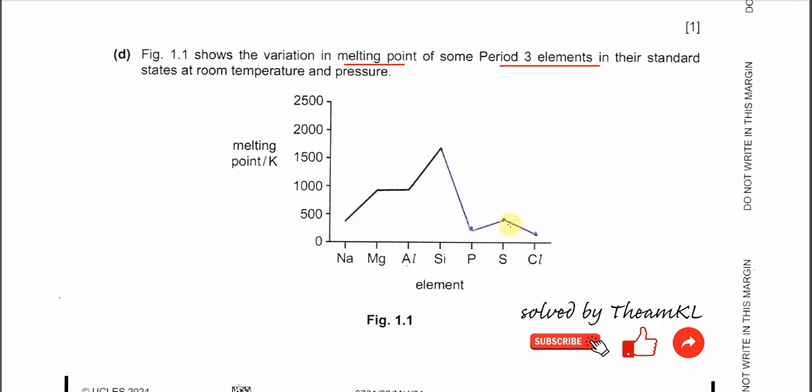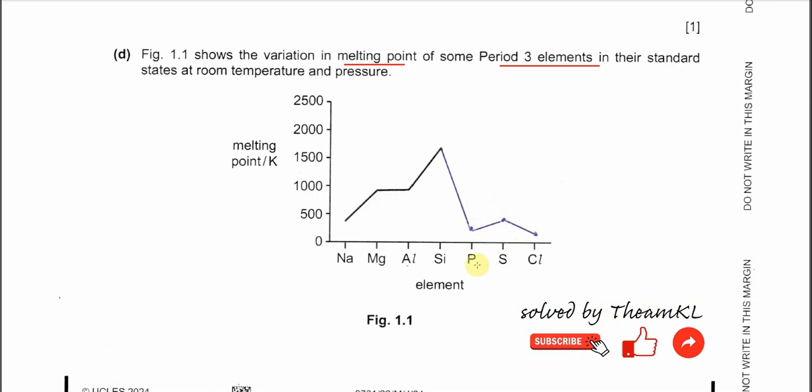After that, from sulfur to chlorine, you need to draw the melting point decreasing. Make sure the melting point of chlorine is lower than the phosphorus, or lower than all of these elements.